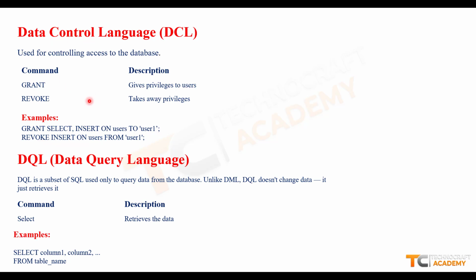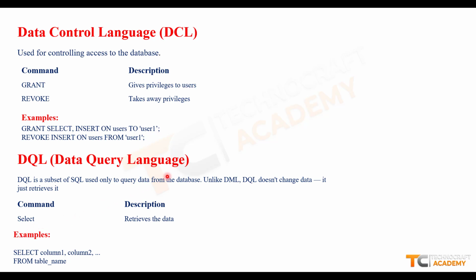So next we have data query language. This is one of the most important SQL commands that we use basically for data analytics. So this is used for querying. We are just going to query the existing data. We know the select command, we have already used it.